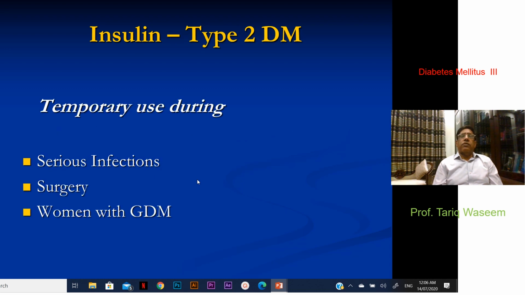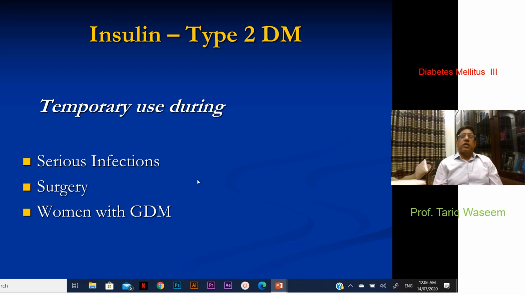But for type 2 diabetes mellitus, it may be considered as initial therapy in the beginning, or it may be required for better control during serious infections or surgeries, or in women with gestational diabetes mellitus, where oral agents except for metformin are not recommended, or they have some teratogenic risk.